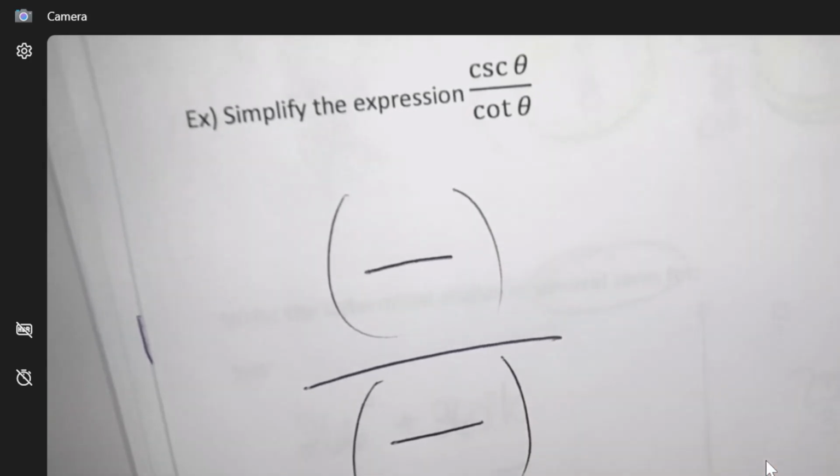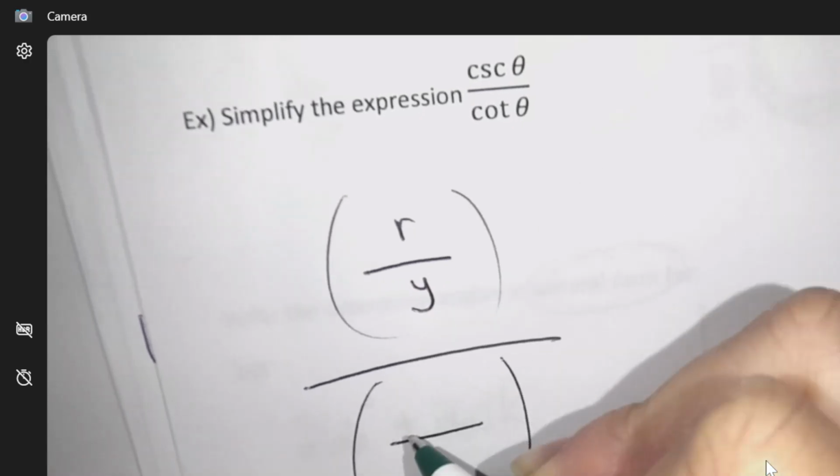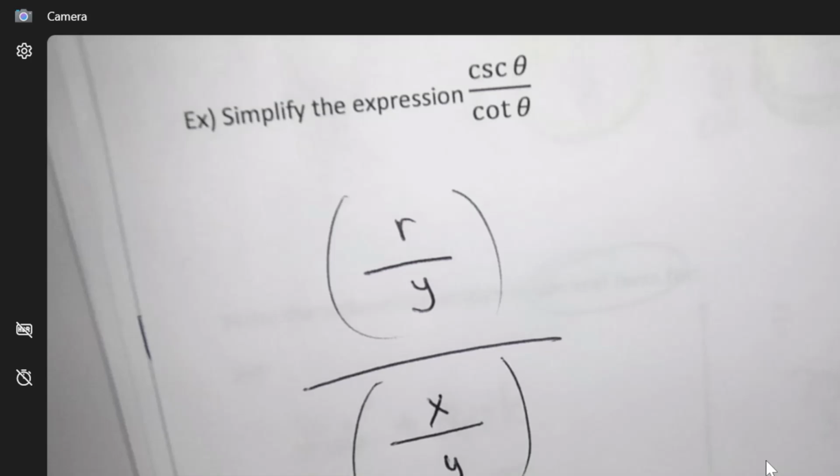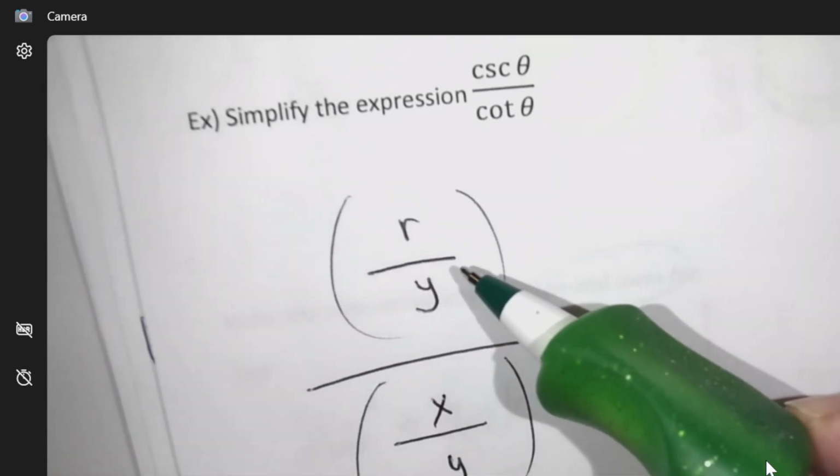And can you replace cotangent with a fraction using your XYRs? Okay, how did this go? Did we get the correct replacements? Good, good.